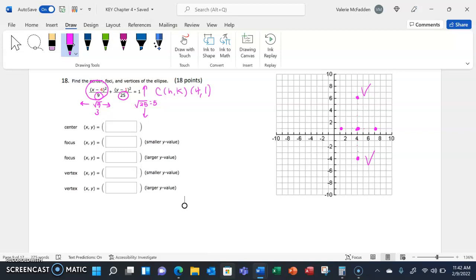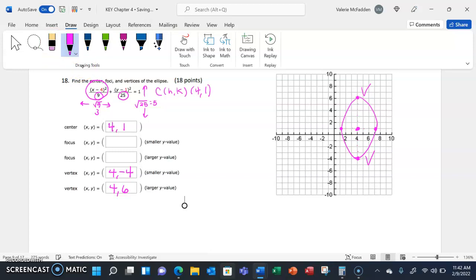So the vertex with the smaller y value is (4, -4), and your vertex with a larger y value is (4, 6). And your ellipse looks like this. We just do our best to make it look like an oval. Good enough.